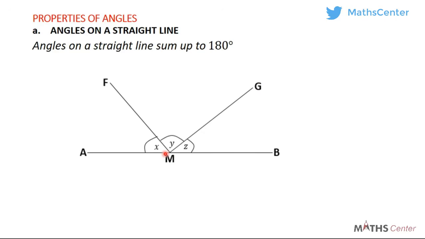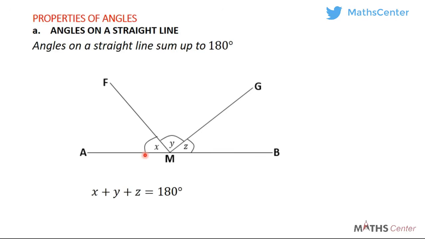Now you see, when that happens, you are going to create about 3 angles here. So we have this angle here which we are calling x, we have this angle here which we are calling y, and we have this angle here which we are calling z. Now this property states that angles on a straight line add up to 180 degrees. So whenever you have angles on a straight line, if you add all those angles up, you are going to get 180 degrees.